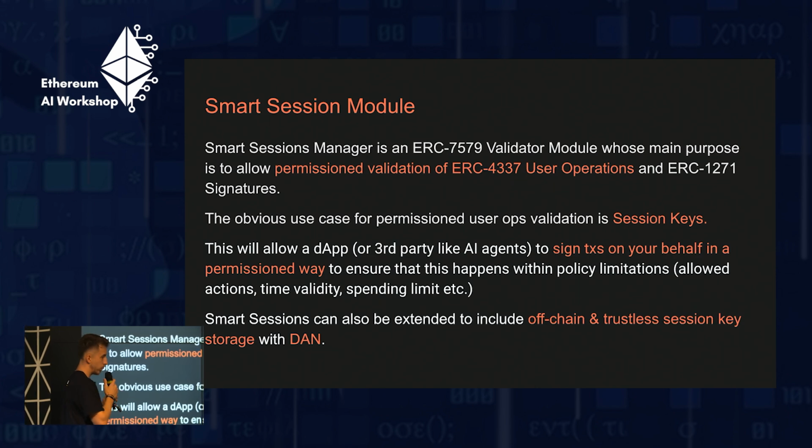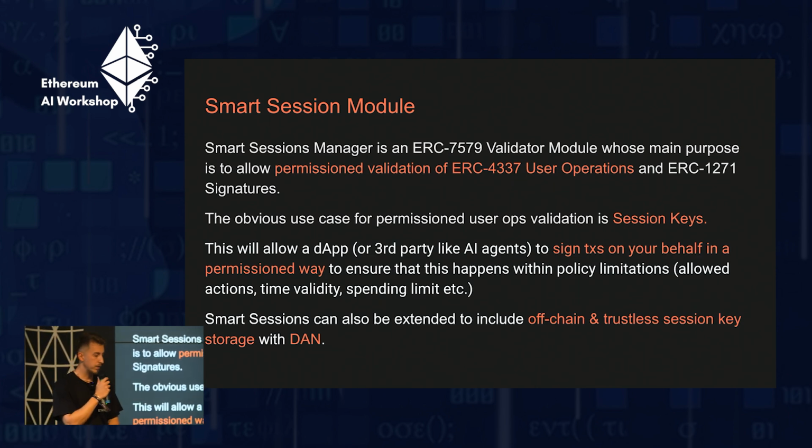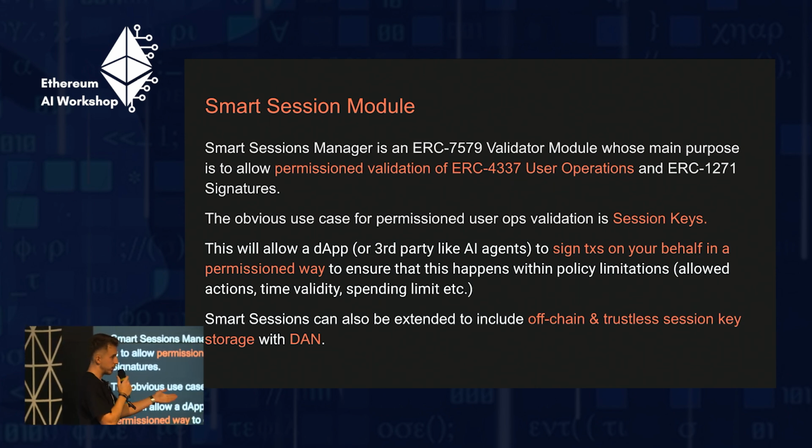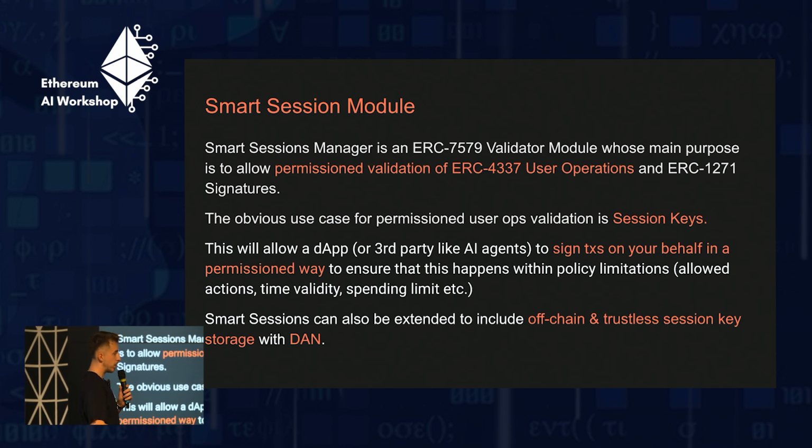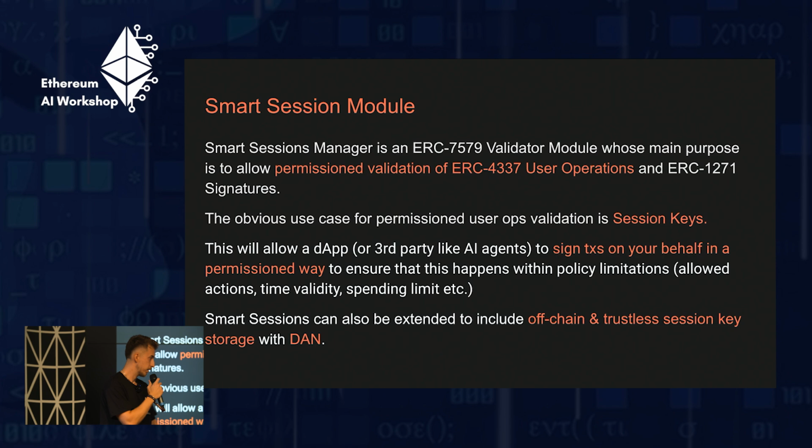Now, why do we want this? This is especially good for session keys. And these session keys can be used with third parties like AI agents. So this basically gives the power to an AI agent to sign a transaction for you and to execute it while you are offline without having to worry that it can, I don't know, steal your money or something.